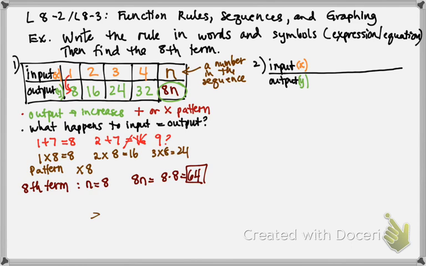And if I wanted to, I could write that, let's go back, let's write that as an expression. If I wanted to write that as an expression, I would say I would get my output. Circle that up. So my output would equal 8 times my input. So that's in words, okay? And in an expression, I'd write y equals 8x. I could write it that way, okay?